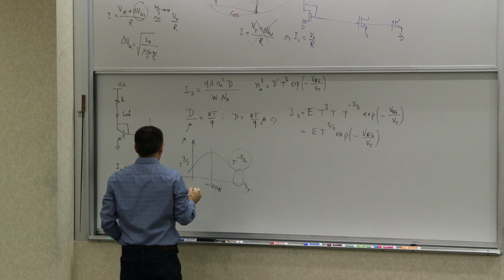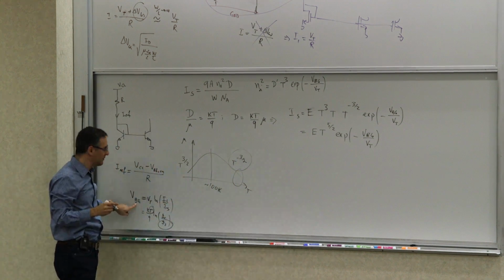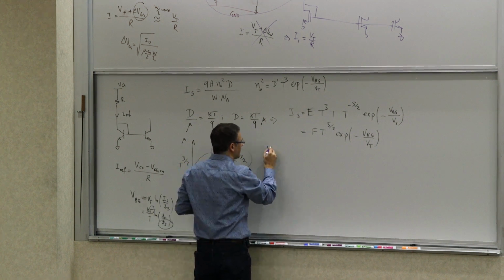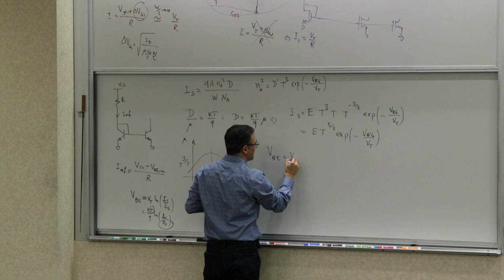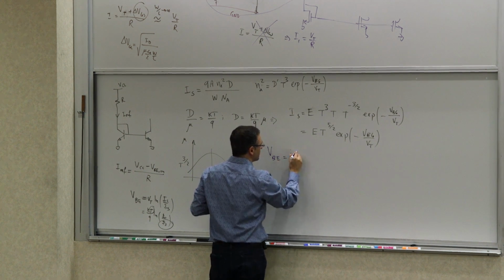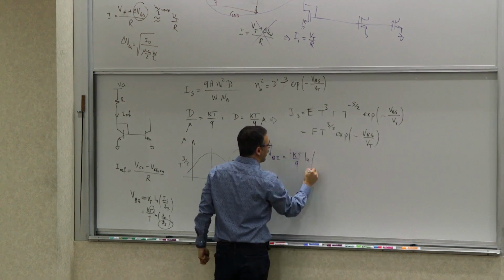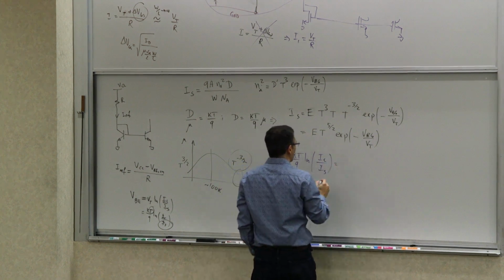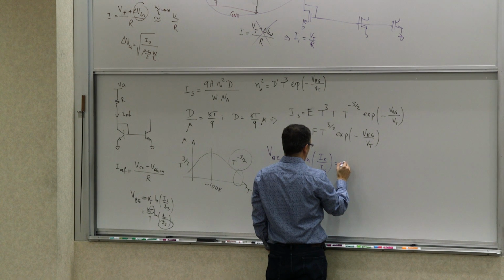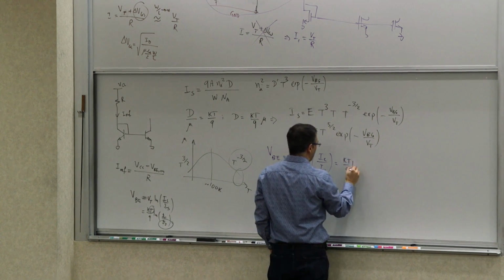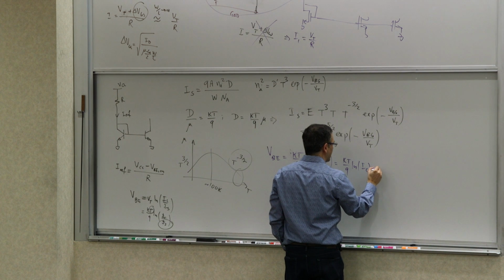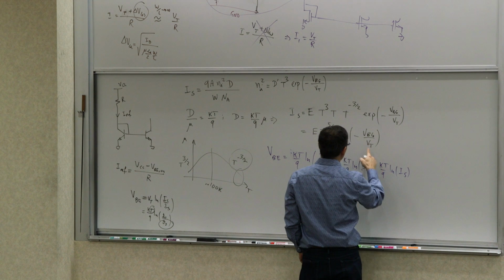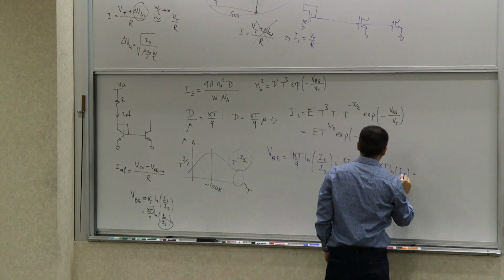Okay, now we plug this back into this guy to see what VBE looks like. So let's do that calculation. You say VBE, which is VT, or let's write it as KT over Q, natural log of IC over IS. So what do we get? We get KT over Q, natural log of IC, minus KT over Q, natural log of IS. Now you go to the natural log of IS, you get all this stuff.